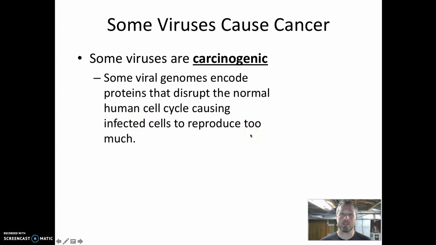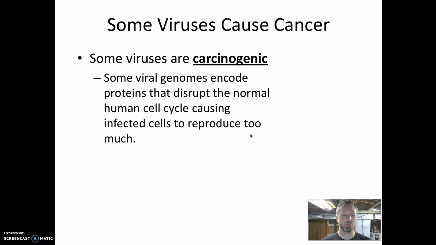Cancer is quite simply a disease where our cells reproduce too often. We get too many cells, a tumor, and that is cancer. So again, some viruses, when they infect a cell, they just bring some extra genetic information, and they'll make a protein that makes the human host cell reproduce too much, and thus generating cancer.